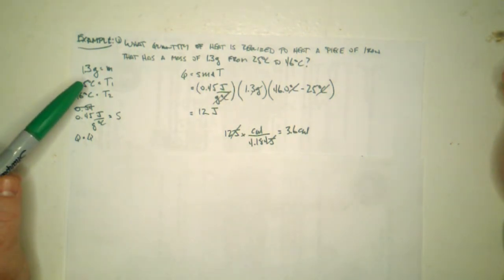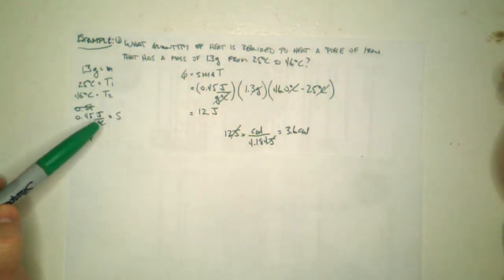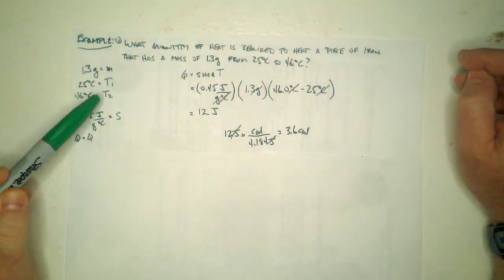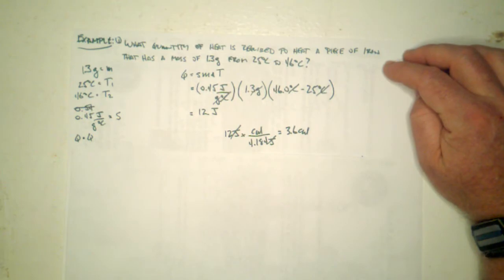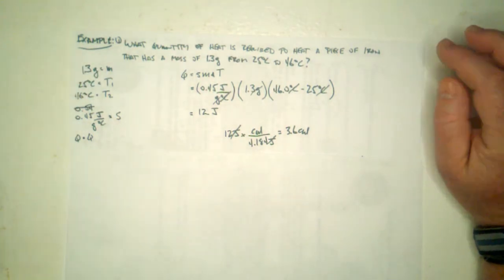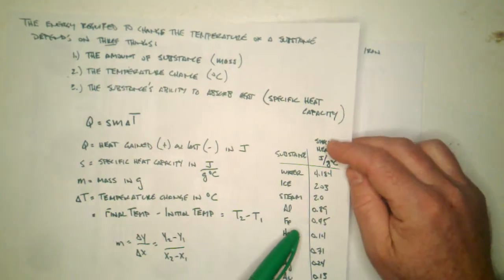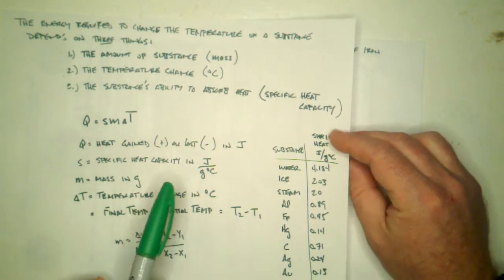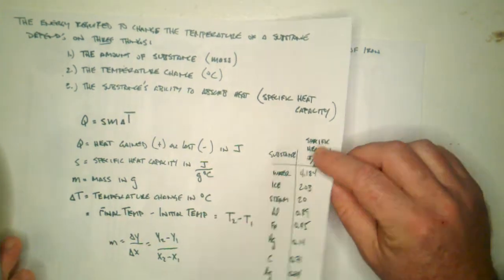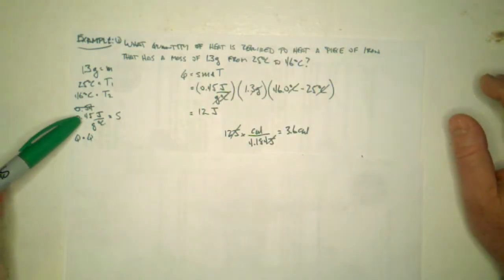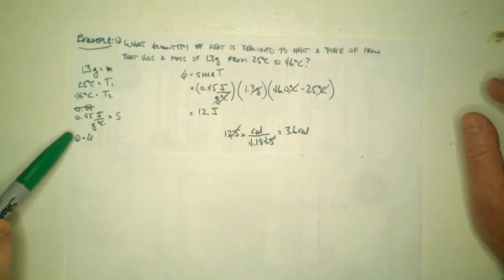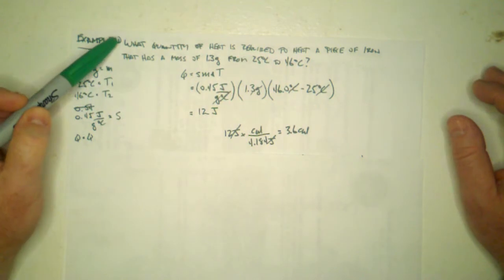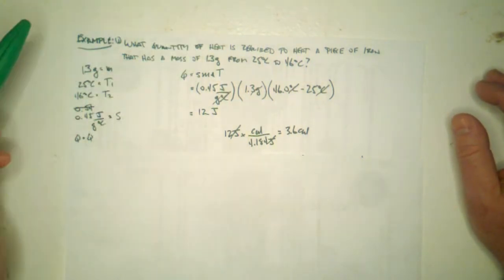Now, we also have to consider the specific heat of the material, which is what S represents. And since that's iron, we go back to our table and we find that it's 0.45 joules per gram degree C. So we're writing 0.45 joules per gram degree C to represent S. Q is what we're looking for because it's asking us what quantity of heat.